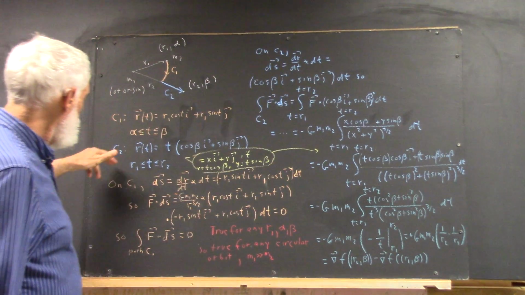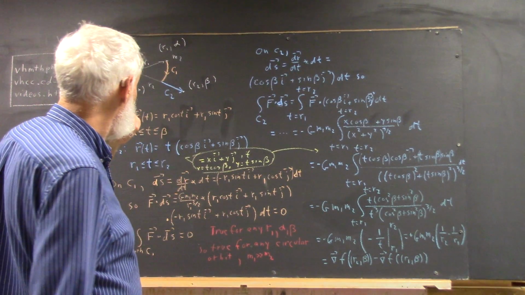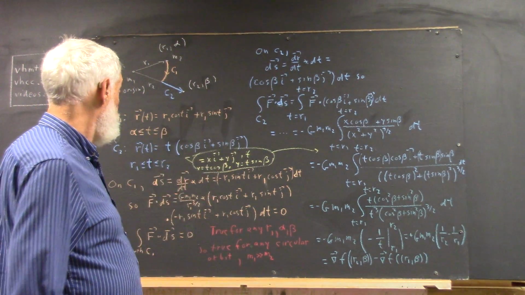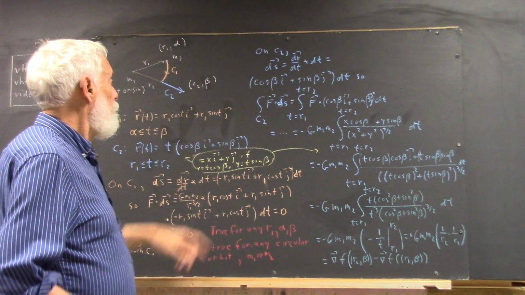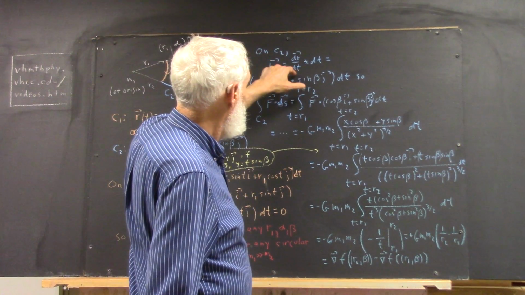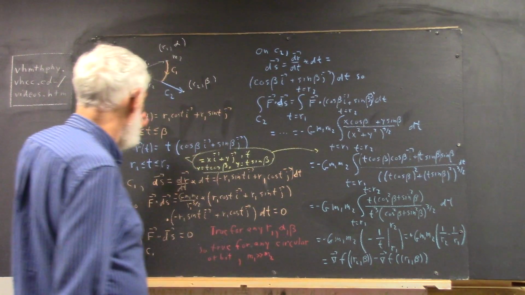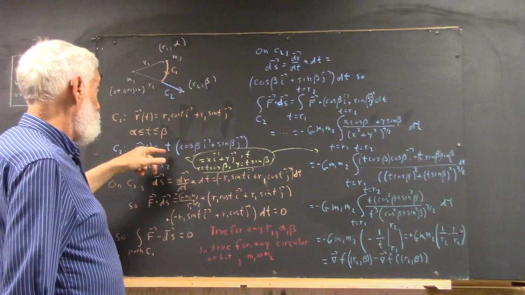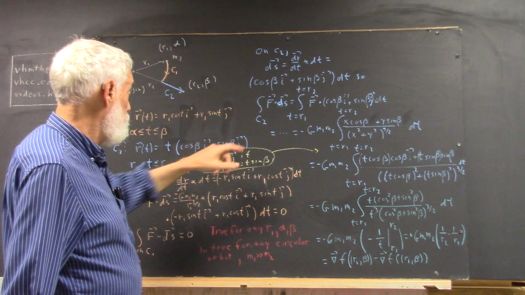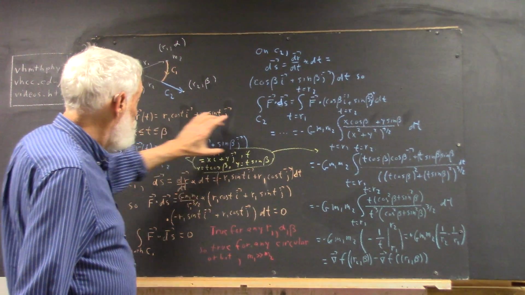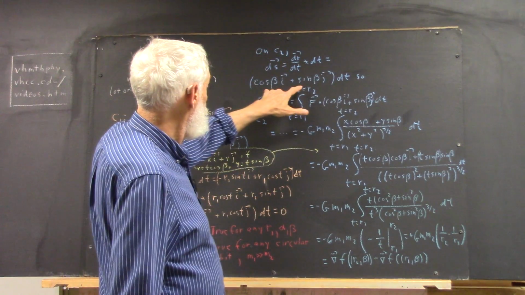Now, on path C2, well, let's just do the details. Our ds vector is again our dr dt times dt, and our dr dt in this case, well, it's just t times this. This is just a constant vector, so it's just this. Okay, so our dr dt is this.